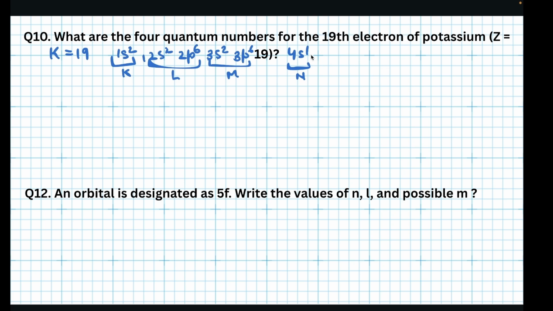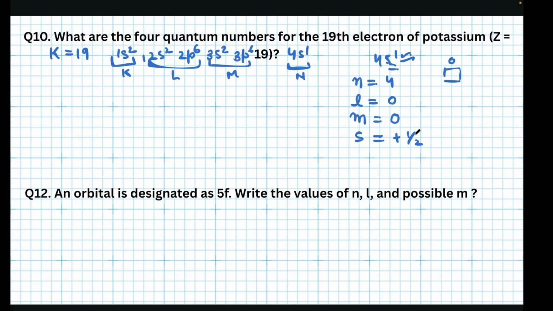So as we can see, the last electron enters 4s1, and for this last electron we need to find out all 4 quantum numbers. For this electron, principal quantum number n will be 4, azimuthal quantum number L will be 0 for s subshell, and magnetic quantum number m is 0, because for s orbital the possible value of m is 0, and spin quantum number s will be plus half.